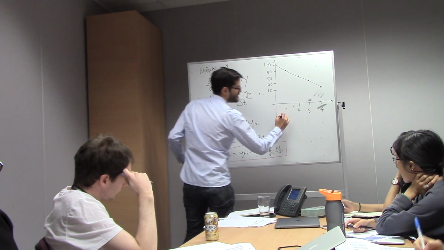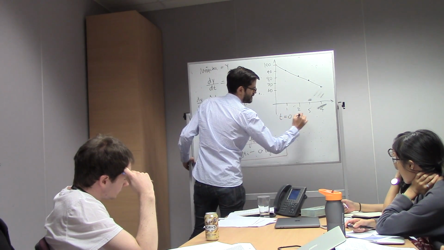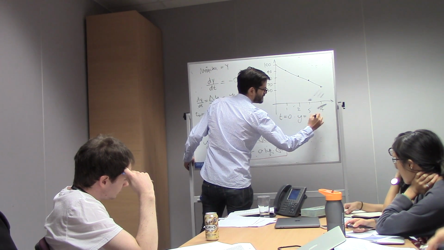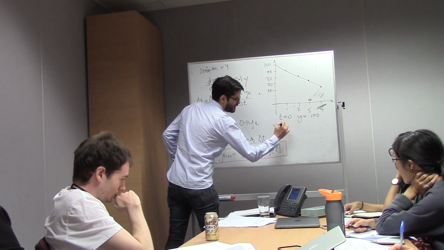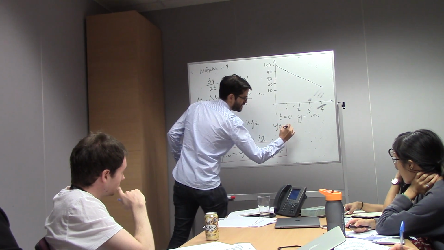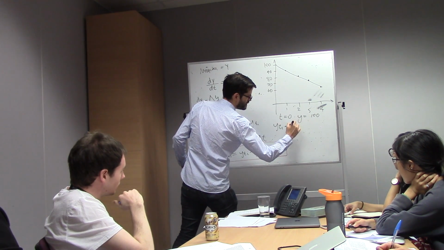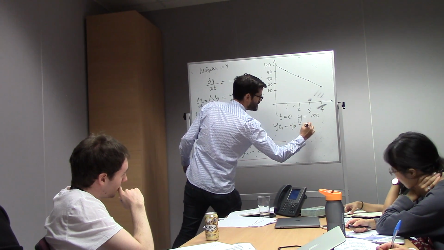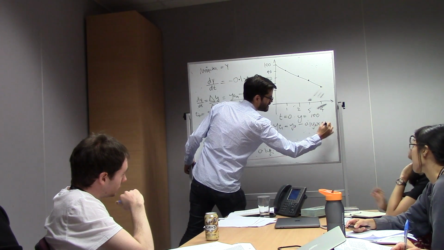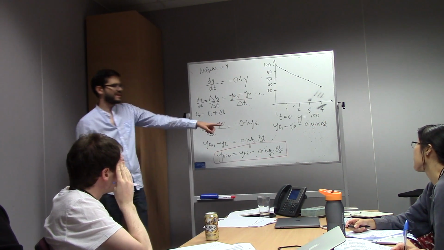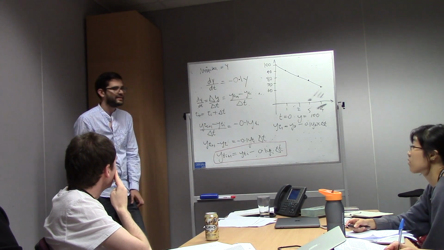At t equals 0, y is equal to 100. So let's work out what is y at t1. Can someone work this out for me? y1 is equal to y(0) minus 0.1 times y(0) times delta t. What's that? 90.